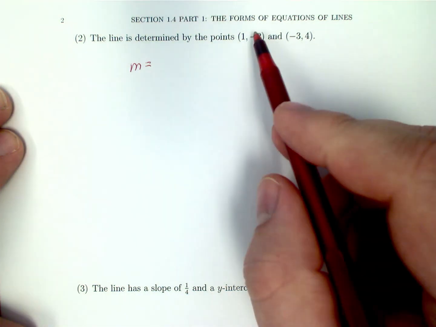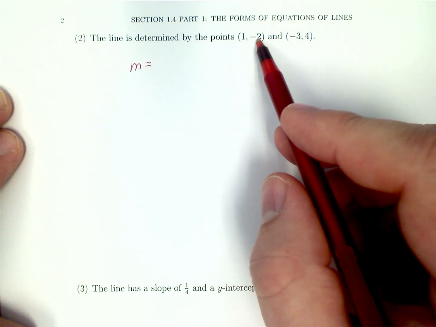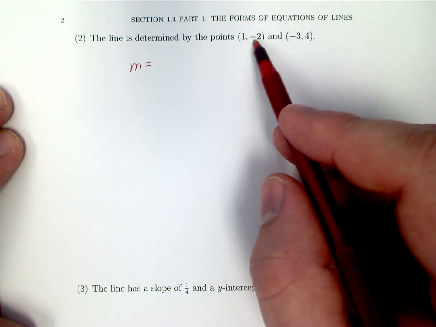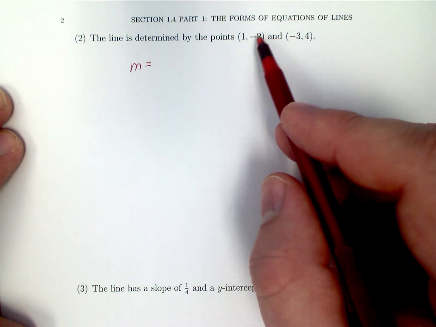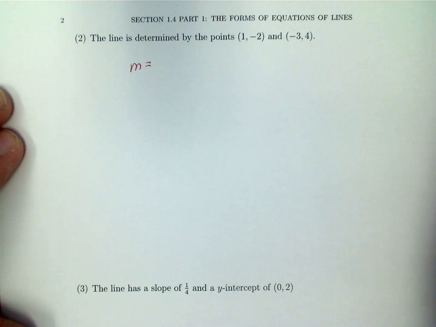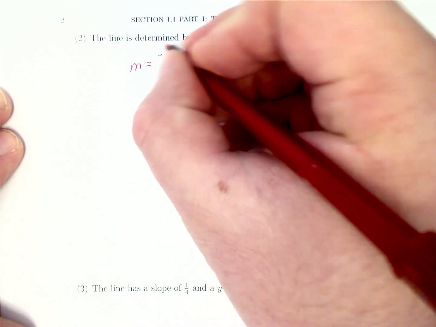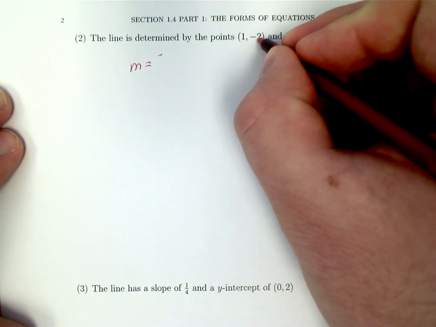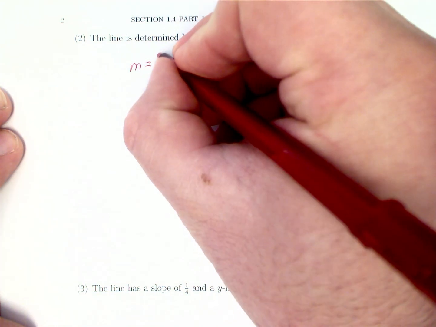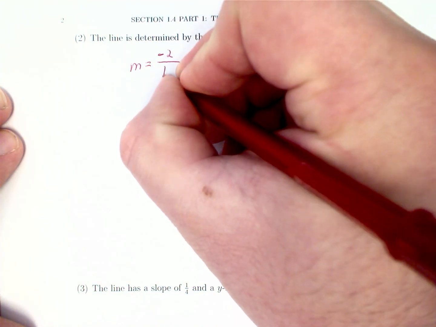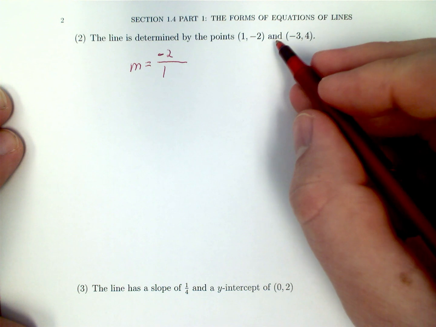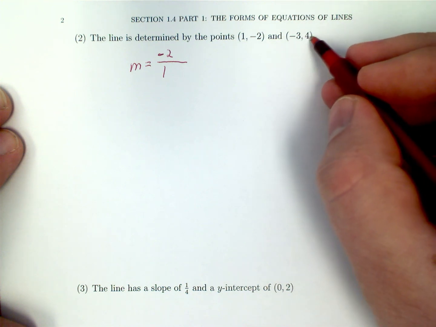The slope between two points is the change in y over the change in x. My recommendation is to first pick one point, it doesn't matter which, and put the y over the x. I'll take the first one, -2 over 1, and then I have -3 and 4.